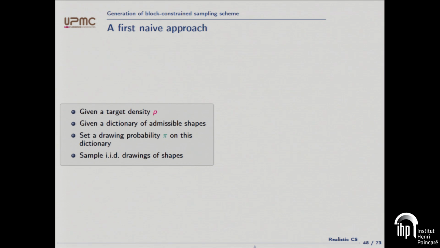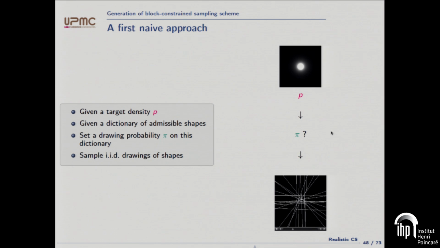It means that if you have this target density P defined over the whole domain, you get a blocks dictionary which is just lines here, and you're asking how should I set the drawing probability pi to be able to draw lines. And when I draw IID lines in this dictionary, I should look like sampling IID here.